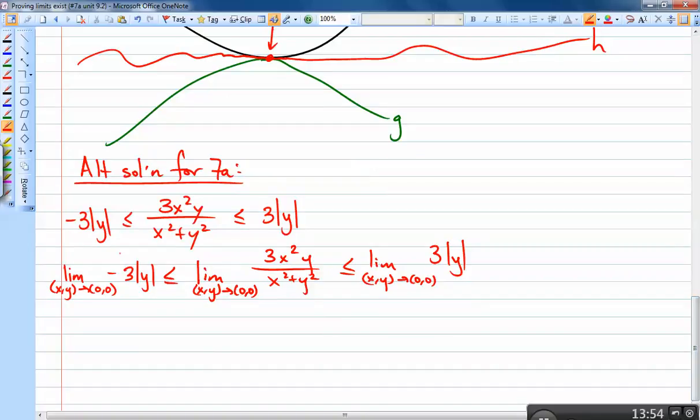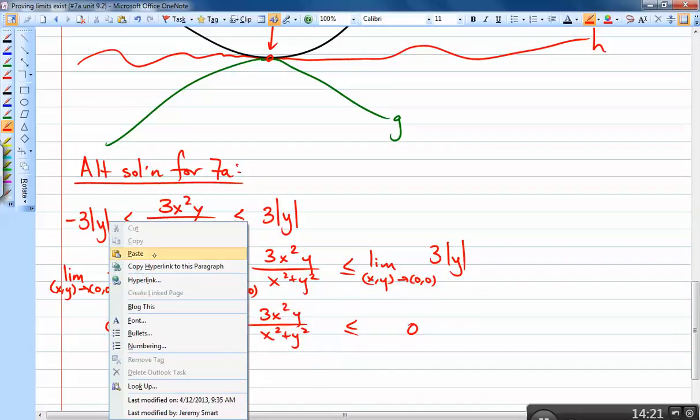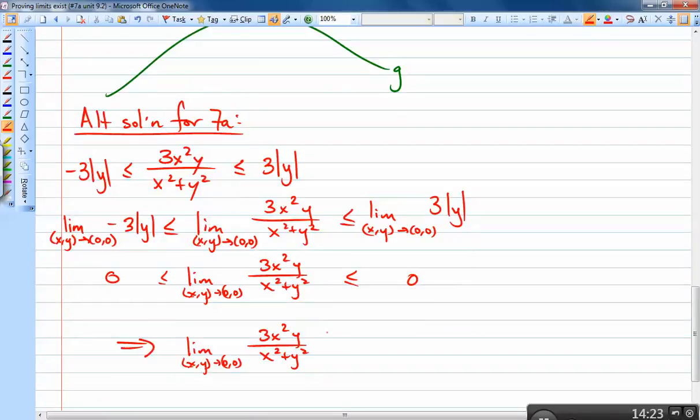If I take the limit of the one on the left side, that's 0. And if I take the limit of the one on the right side, that's 0 too. So that forces the one in the middle, if that's between 0 and 0, to be 0 too. So therefore, this has to equal 0 by the squeeze theorem.